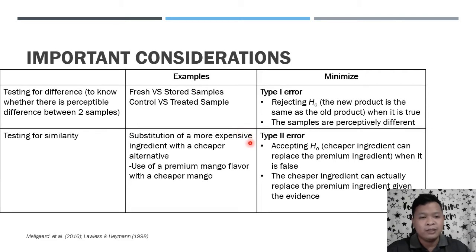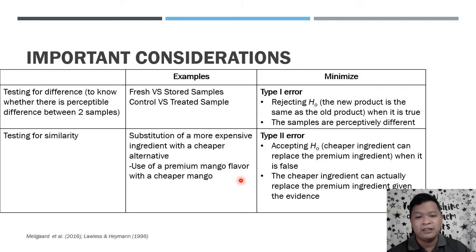So these usually need na parang mas wala dapat na changes kasi kapag nagpalit yung product mo, magreklamo yung consumers. No? Unless it's a change for the better, but in which case you won't need a difference test but rather an acceptability test. Or perhaps a combination of both in succession.